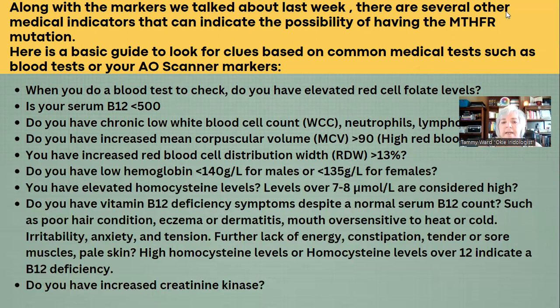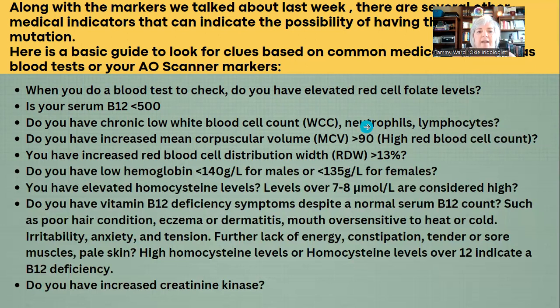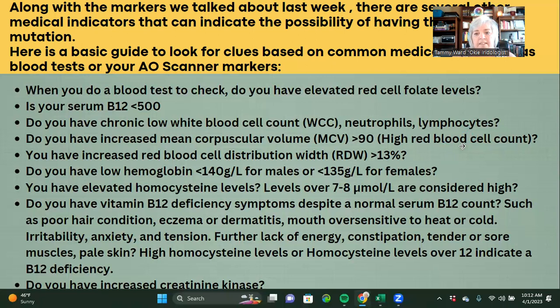So when you do a blood test or when you run your vital scan, do you have elevated red cell folate levels? Is your serum B12 less than 500? Do you have chronic low white blood cell count, neutrophils, or lymphocytes? And all of these are in your vitals.